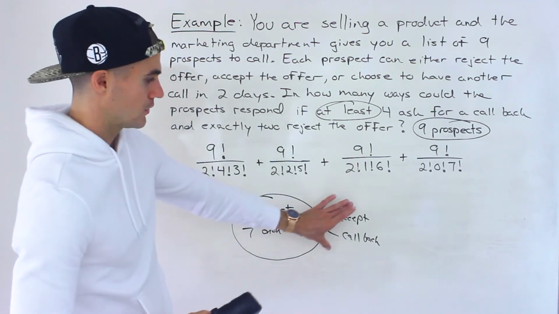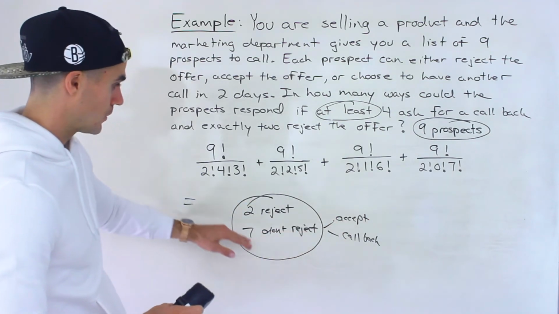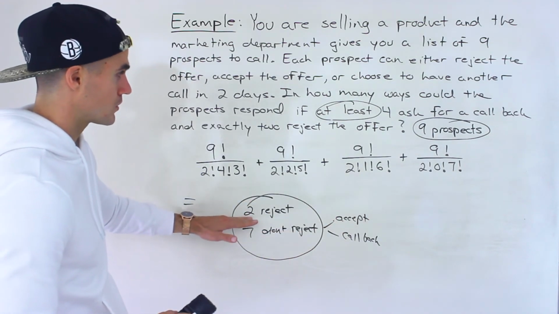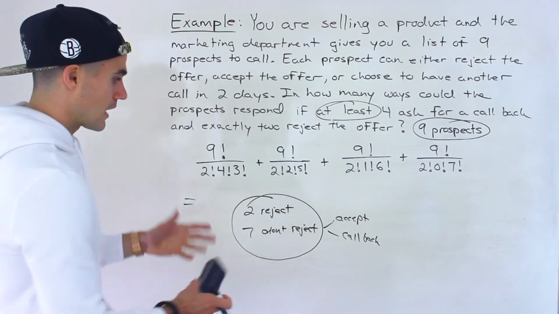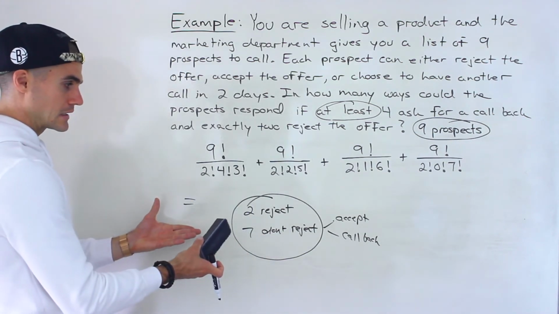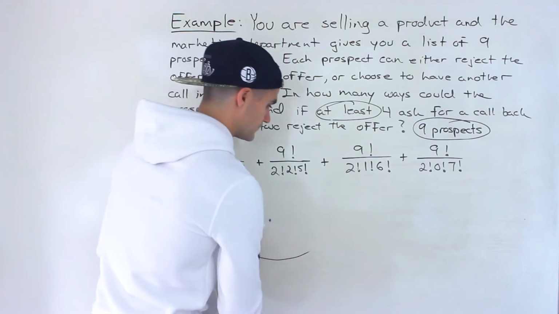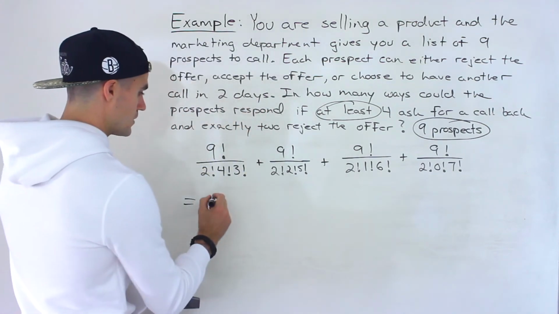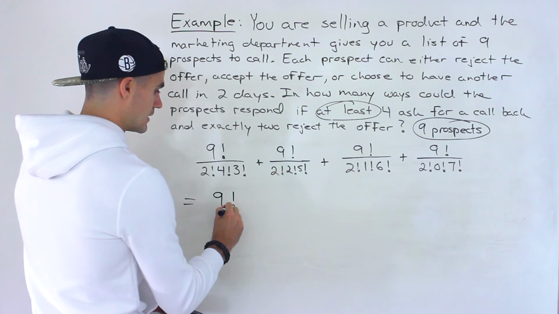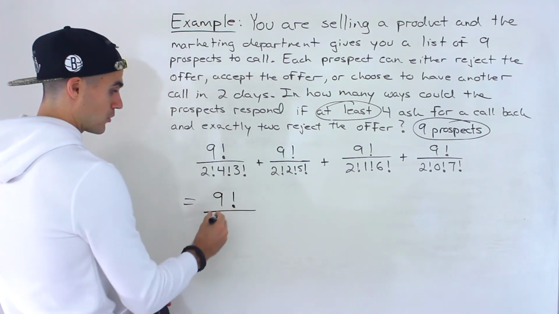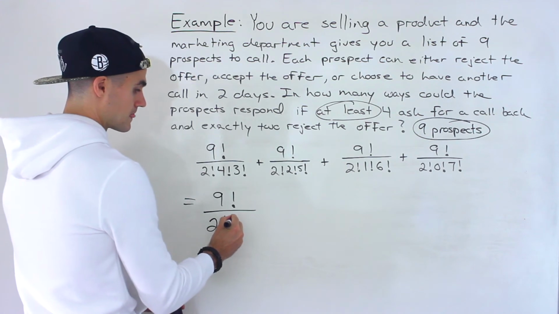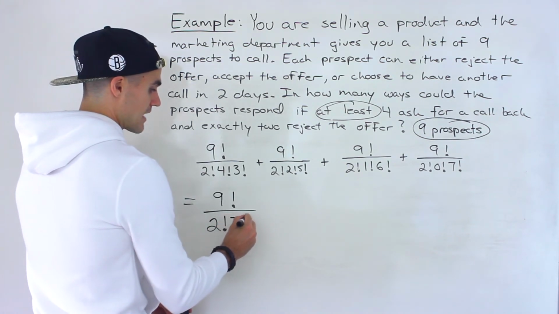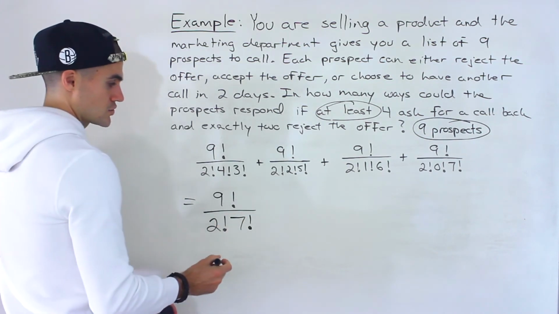So if we kind of ignore the accept and the callback, because we know exactly 2 are going to reject every time, so that means 7 aren't going to reject. And so we can actually create a label there. So what we can do is we could say, out of the 9 prospects, 2 are going to reject, and then 7 aren't going to reject.